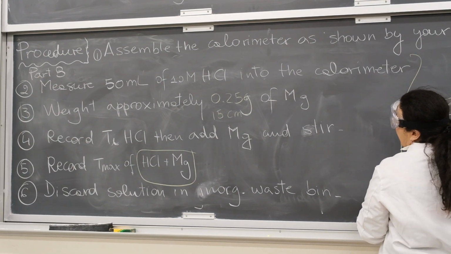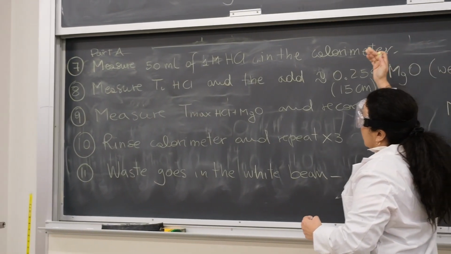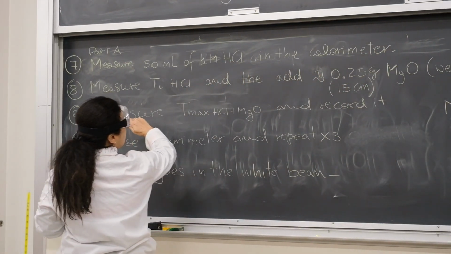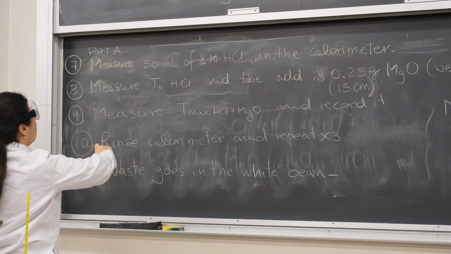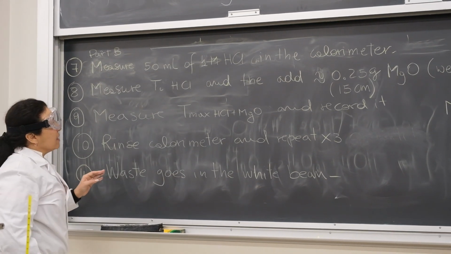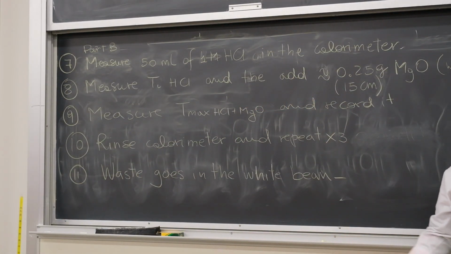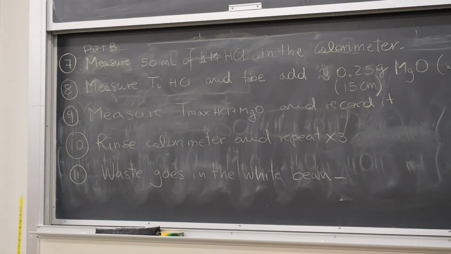Okay, so the next step, this is part B, I made a mistake, is we're measuring 50 milliliters of hydrochloric acid. We use the graduated cylinder. We don't have to be accurate because it's the excess reagent, right?